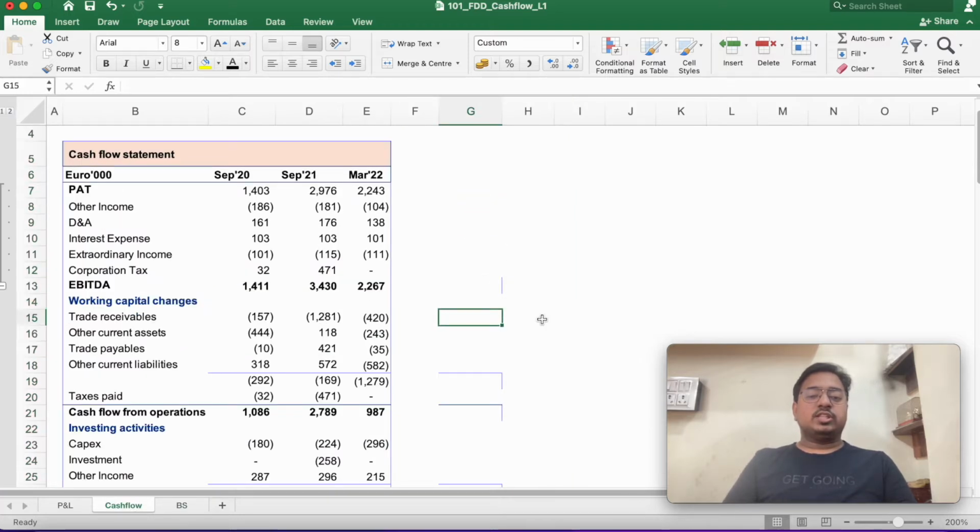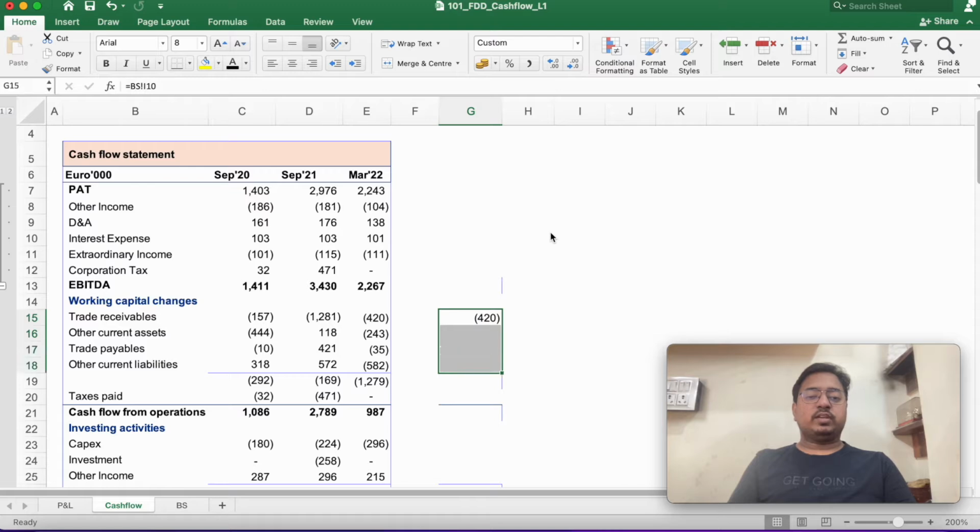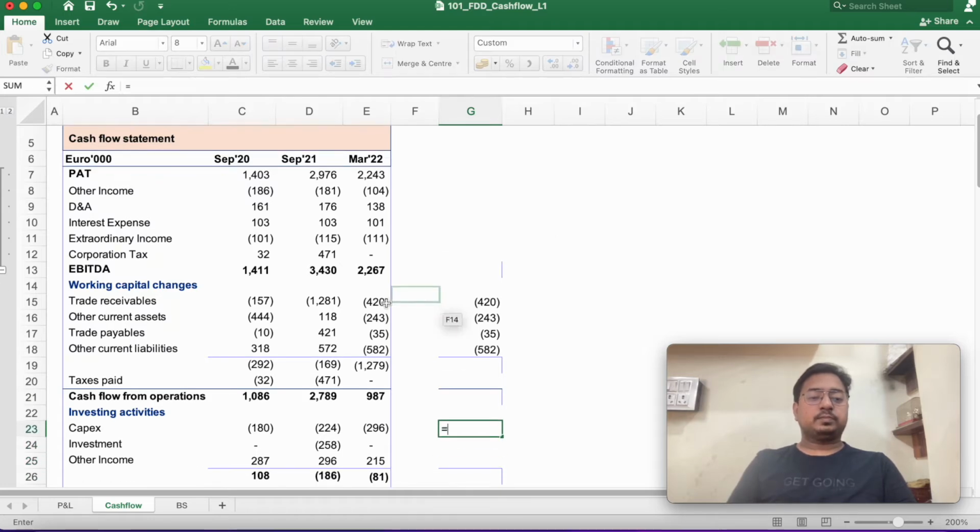We'll start with the easiest ones, the working capital. You don't need to worry about signs because we have eliminated that problem there only. After working capital, we'll put capex.